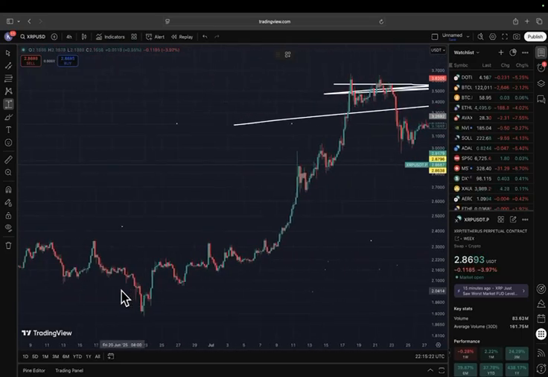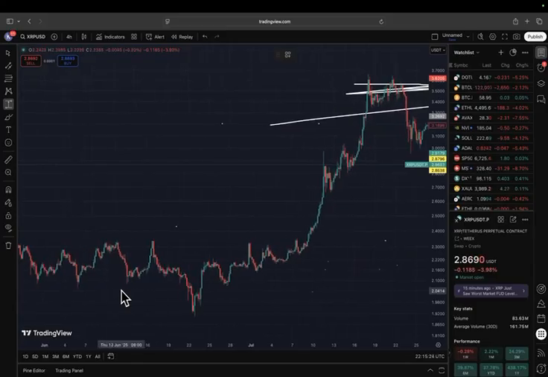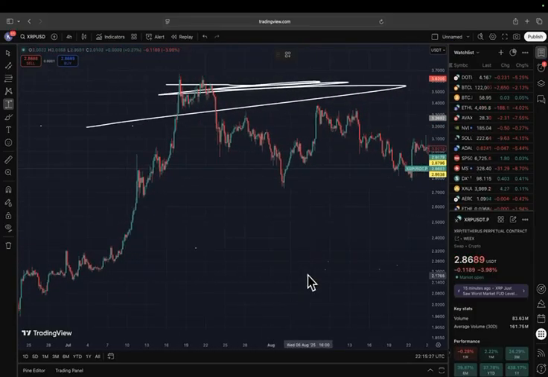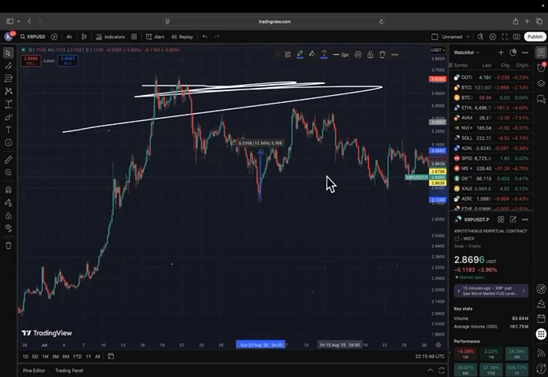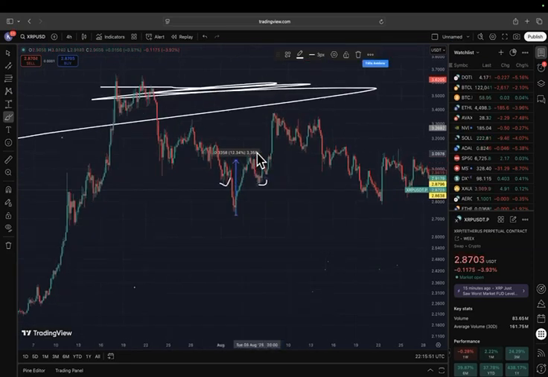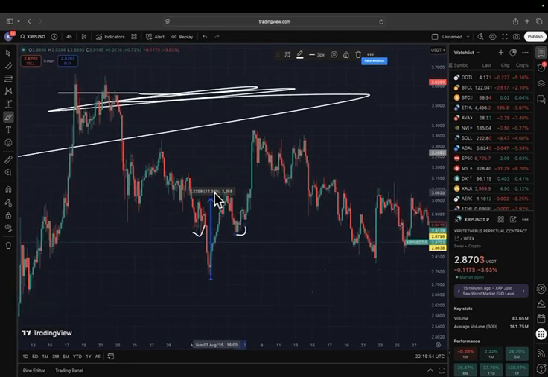Yeah, so no, that wasn't an inverse head and shoulders. Well, let's just say this is an inverse head and shoulders, right? You use this tool to measure from the low to the neckline to get your target, because assuming this is your left shoulder and this is your right shoulder, and say that was your neckline.